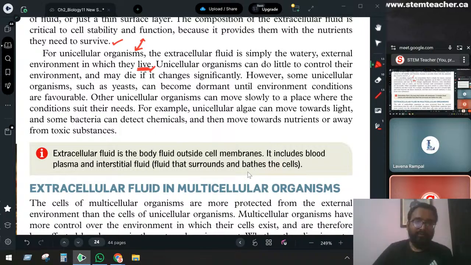Yeast is a good example. Do you know yeast? Whenever the surrounding temperature is a little bit comfortable, then only it will activate. Otherwise, it will not activate. In order to make breads, and particularly in South India, we eat idli and all this.